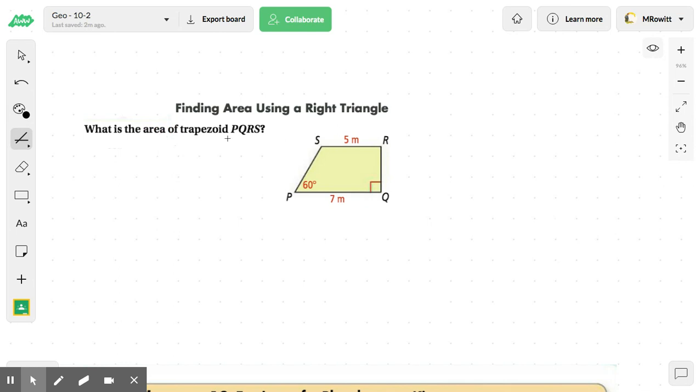If I connect S and I come straight down, I'm going to try to draw it to the best of my ability. That little piece in here now is creating a 30, 60, 90 triangle. So when I bring that line straight down, I know it's creating that 90-degree intersection here. And that means that angle S right here, that angle in there is 30 degrees, sorry.